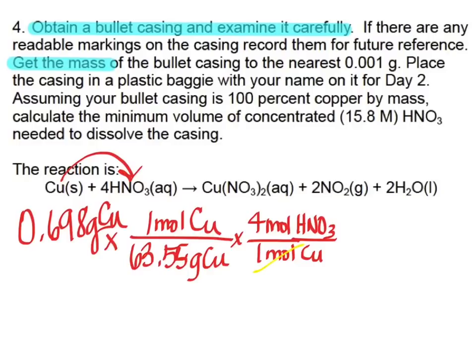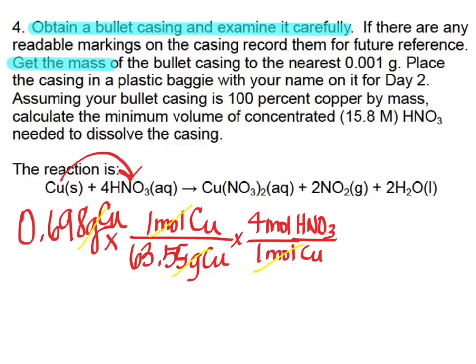I am in moles of nitric acid, but I have the molarity of my nitric acid. You can go back and watch the video. I am in molarity, moles per liter.